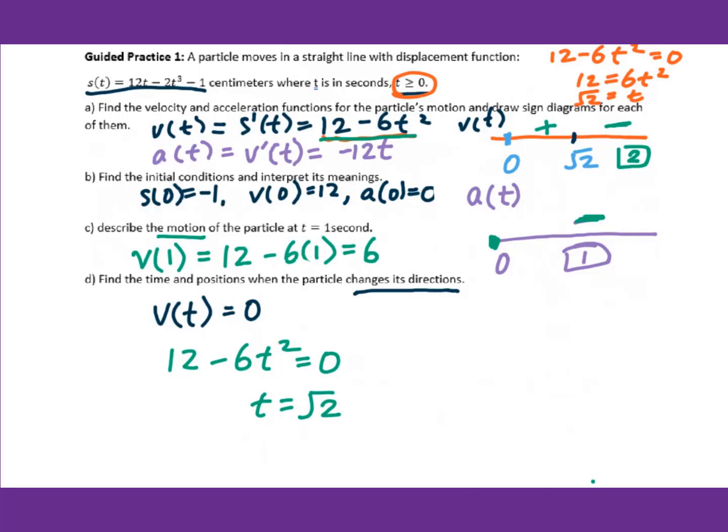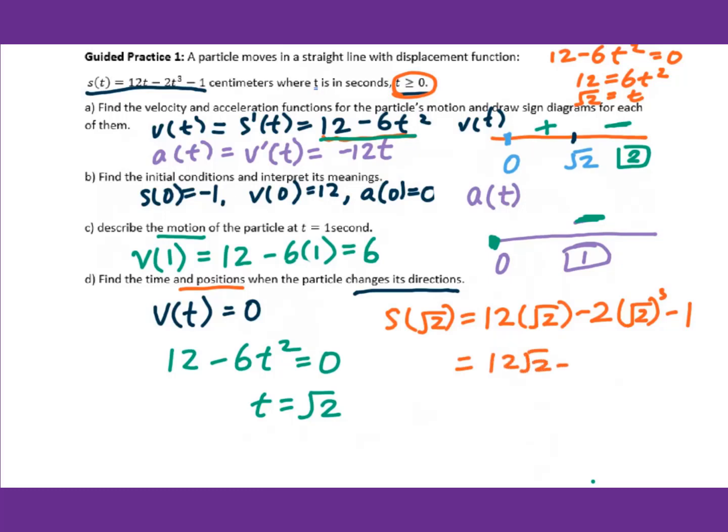Since we need to find the position, you have to plug square root of 2 into the displacement function. Therefore, we get 12 times square root of 2 minus 2 times square root of 2 to the third power minus 1.